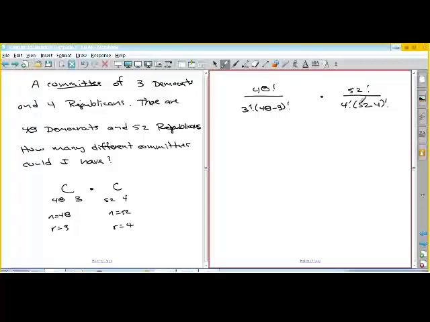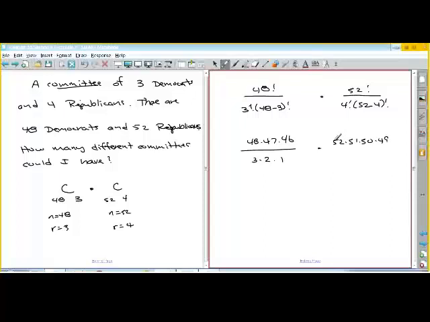Now remember my little thing I just figured out this year, to evaluate this, and we do it a lot: all we have to do is take 48 and go down 3 numbers, 48, 47, 46, and then divide by 3 factorial. So the first one is 48 times 47 times 46 divided by 3 times 2 times 1. I've got 3 numbers in the numerator, 3 numbers in the denominator.